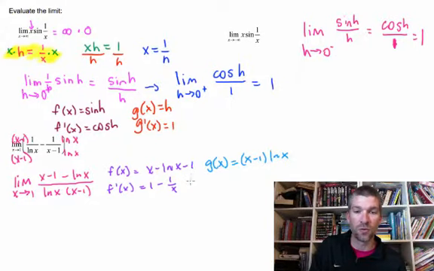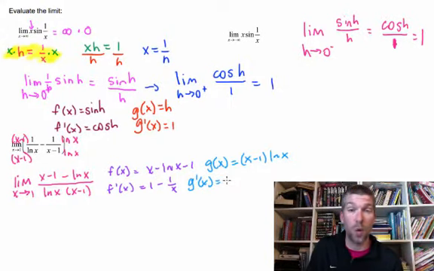We've got a product rule here, so g prime of x is equal to the derivative of the first, which is 1, times the natural log of x, plus the derivative of the natural log of x, which is 1 over x, times x minus 1. It's going to be kind of a messy, complicated fraction.